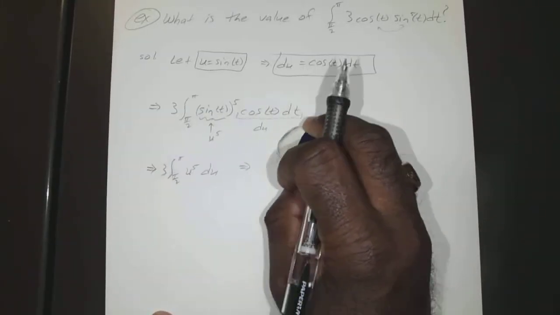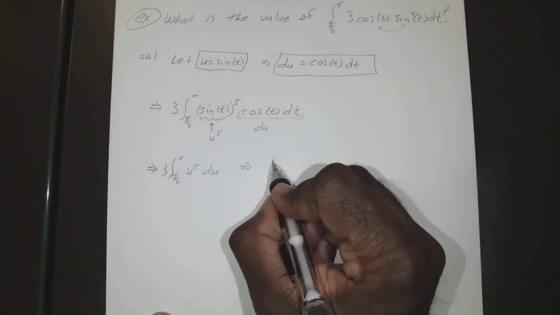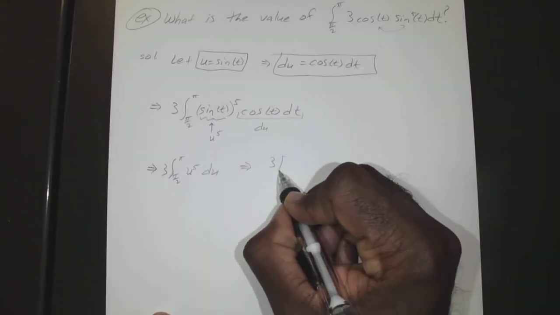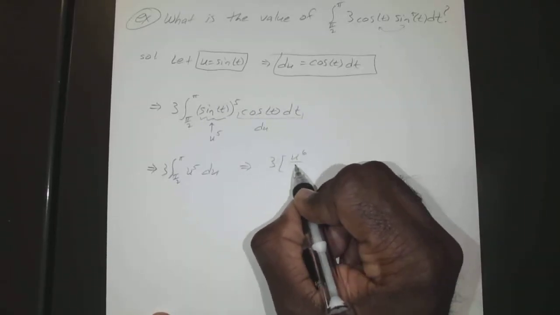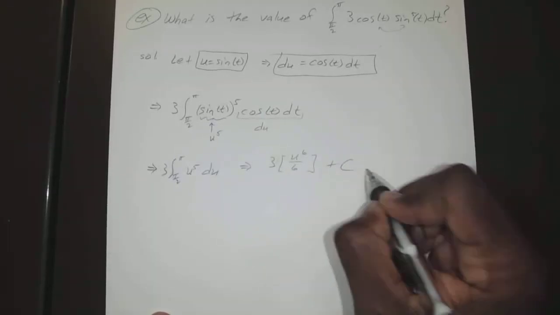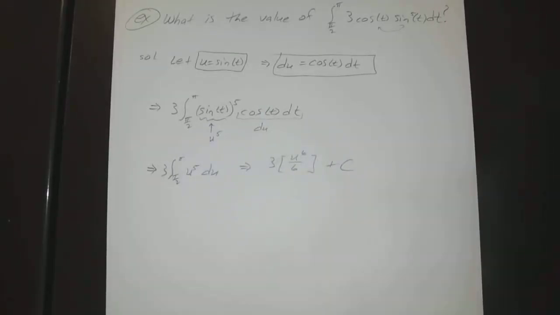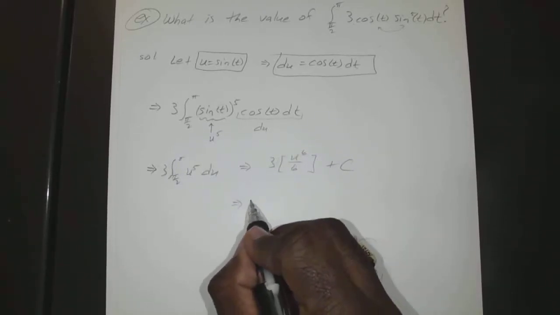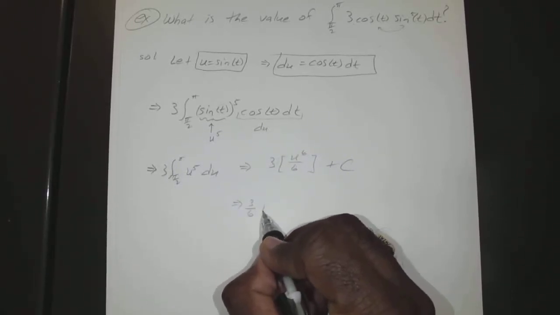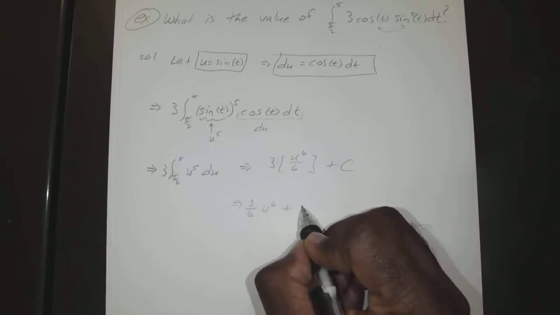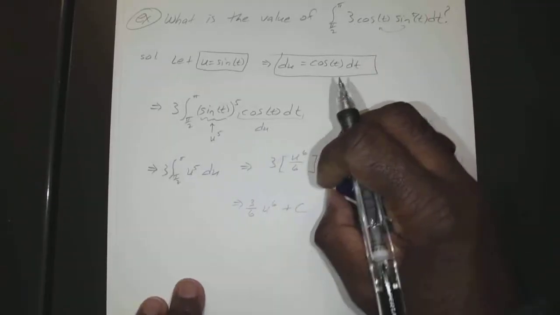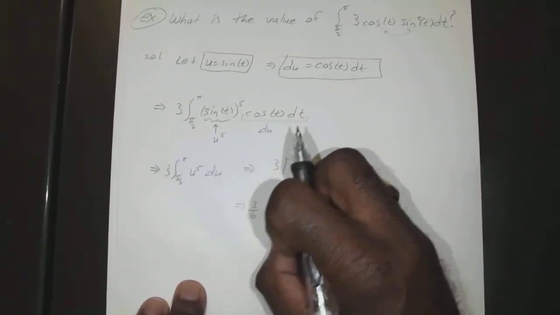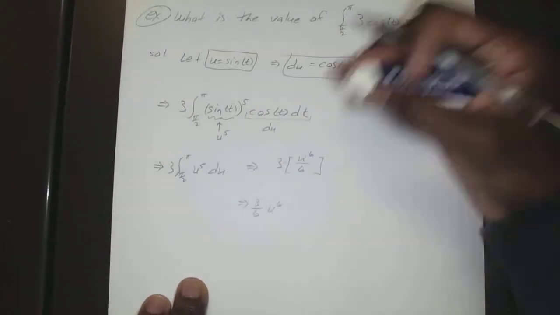Okay, so that's 3 times u to the 6 over 6, plus c. Bring that 6 right on out. So you have 3 over 6 times u to the 6. Oh, plus c, that's right. I always forget that until I'm getting ready to do it.